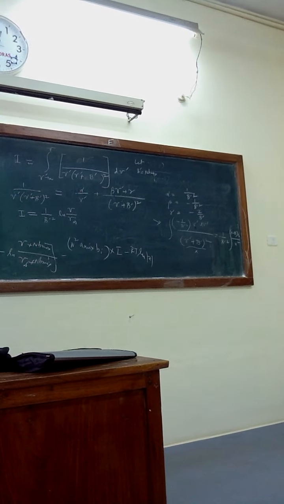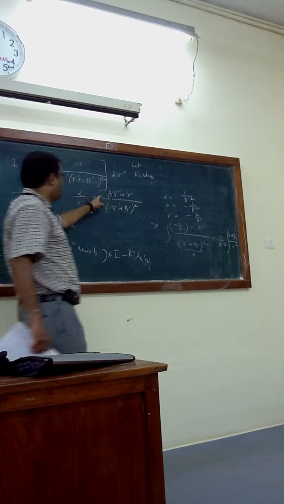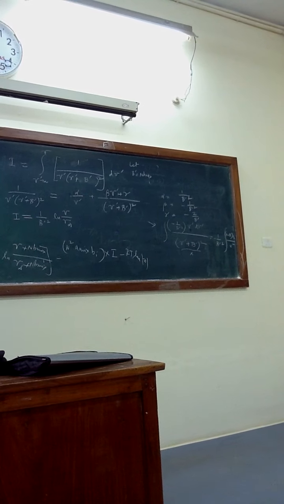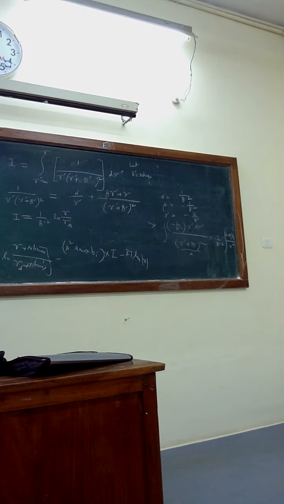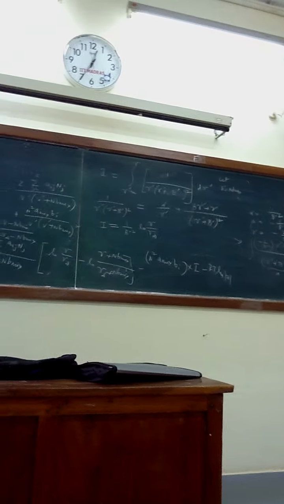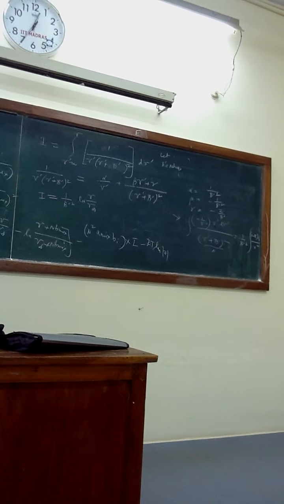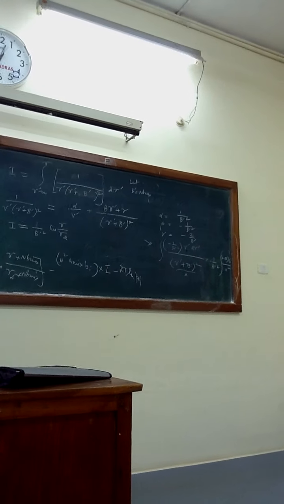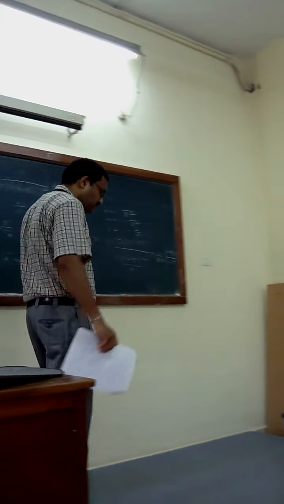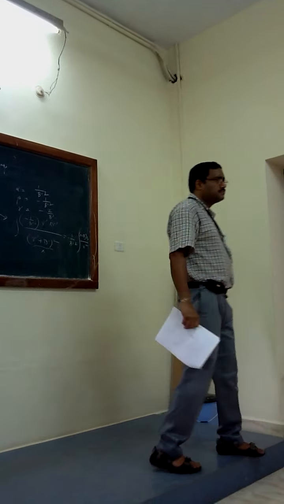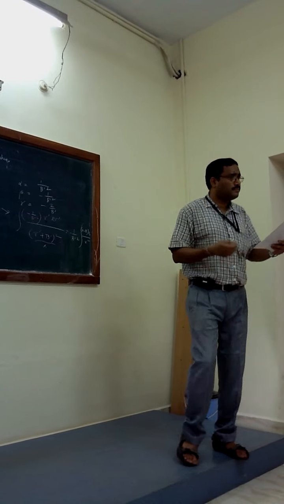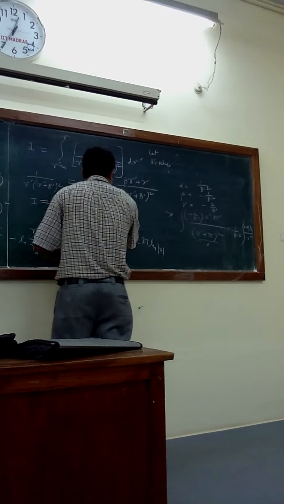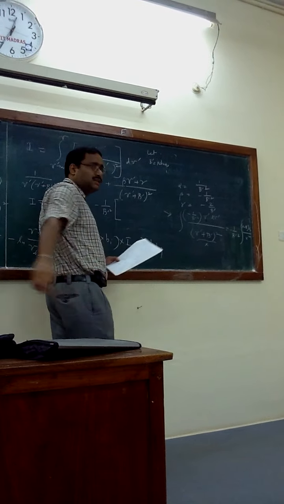Next, there will be 2 terms for this. For this guy, there will be 2 terms. What are they? What will be those 2 terms? Yes, madam. Minus 1 by b prime square. You have to take a bracket.